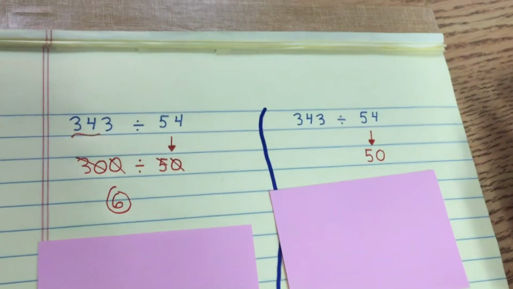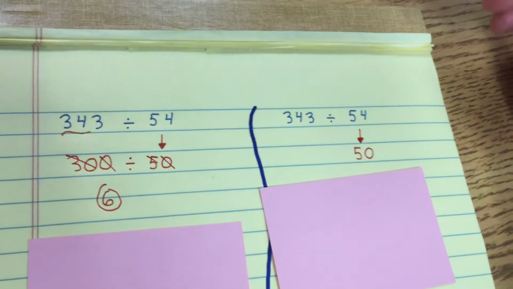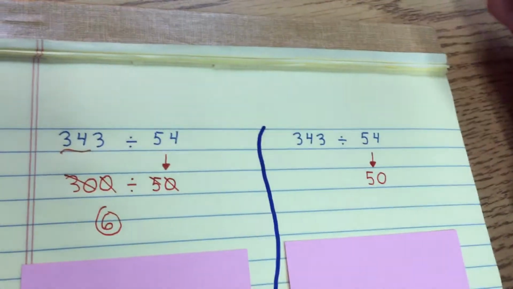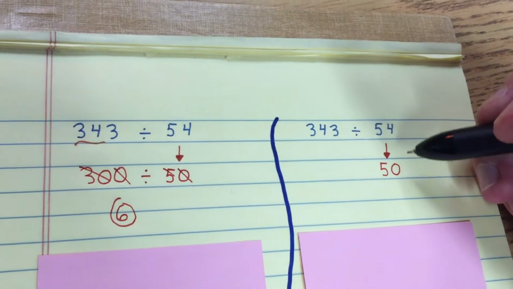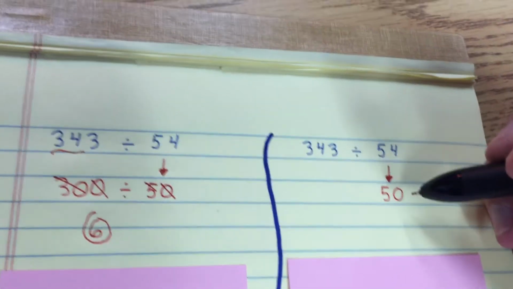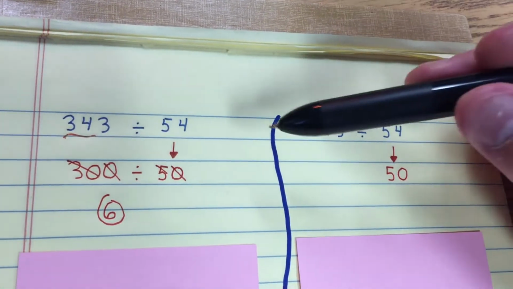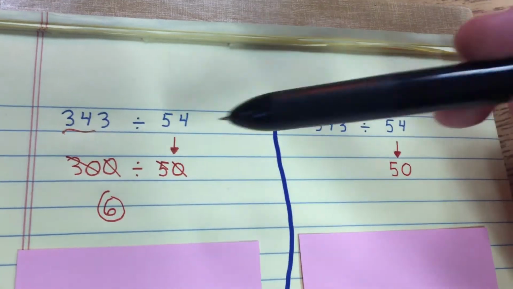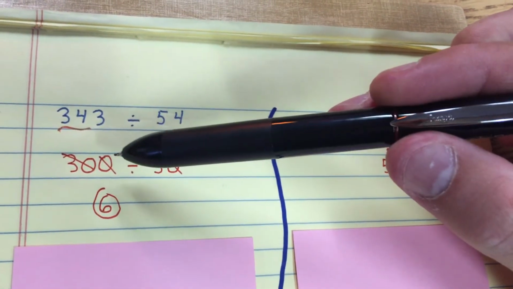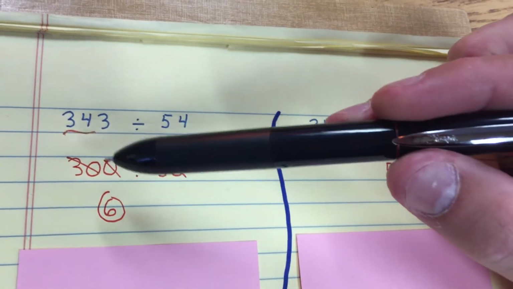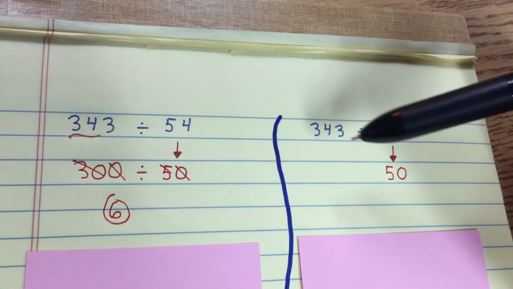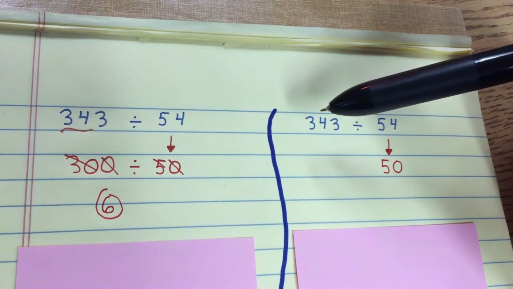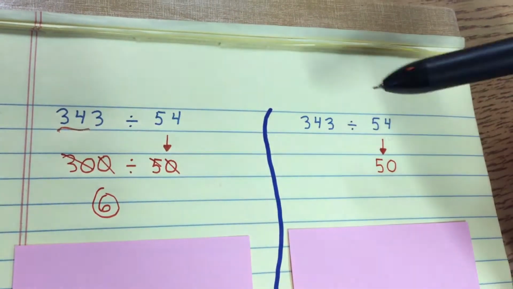Now if we zoom out and look over here, we now want to come up with our second estimate. So 54 is already 50. We're good there. And now we want to figure out, since we've already used 300, or 5 times 6 is 30, and we added the 0, we want to go to the next number up.